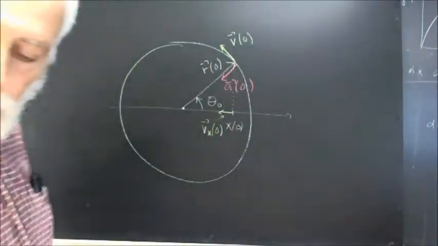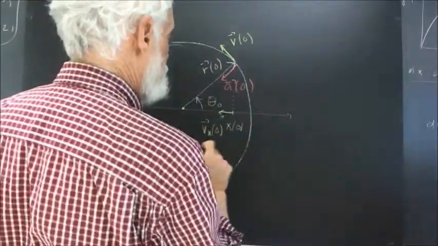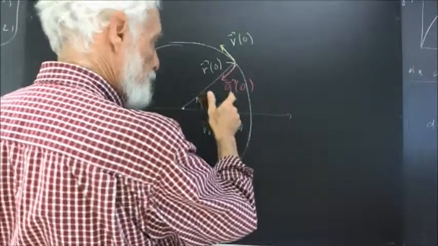And I'm not going to draw it because it would just clutter the picture up, but it's clear that we can also project the a of 0 down on the x-axis, and we'll get ax of 0.